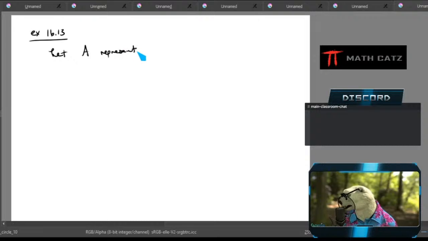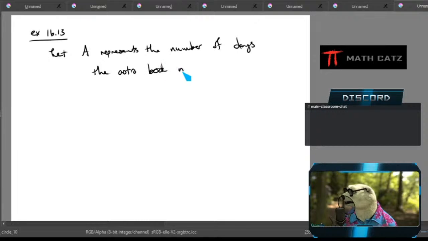It represents the number of days the astronomy book is overdue or was overdue. Writing out this full sentence helps me remember what this A represents.